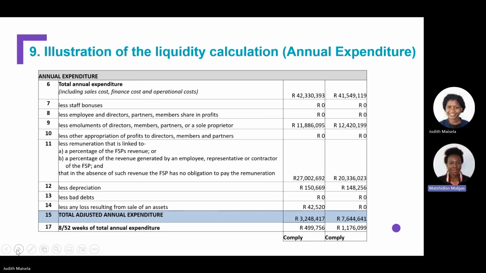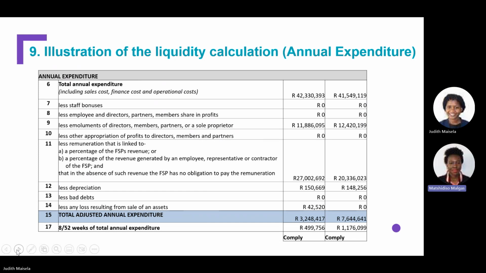And then what do we consider to be annual expenditure? Again, Judith gave the definitions of what annual expenditures are. Looking at this calculation, where do we fit in the amounts? So what is total annual expenditure? What amounts should come here that are considered to be annual expenditures? And where do these amounts come from?